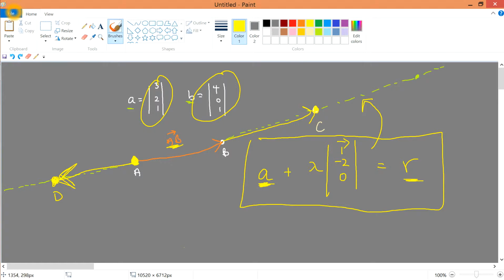This is the line that I'm talking about. So you have a vector and you have 2 points.